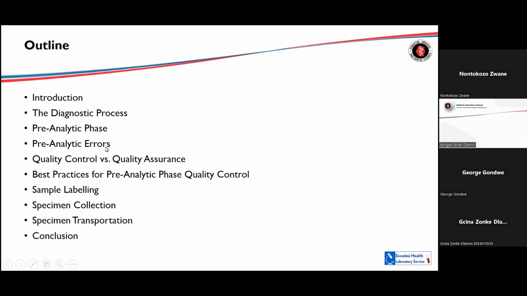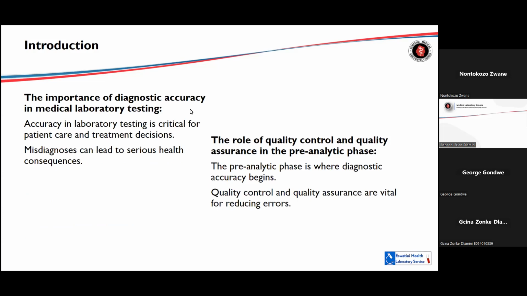It should be fully filled and the patient should be identified positively, so that if the name is a particular name, it should be the same in the request and even on the sample. Then we go to specimen collection, and the specimen is collected according to the SOPs. Then the sample is transported to the analytical phase. It should be handled in a way that doesn't compromise its integrity.